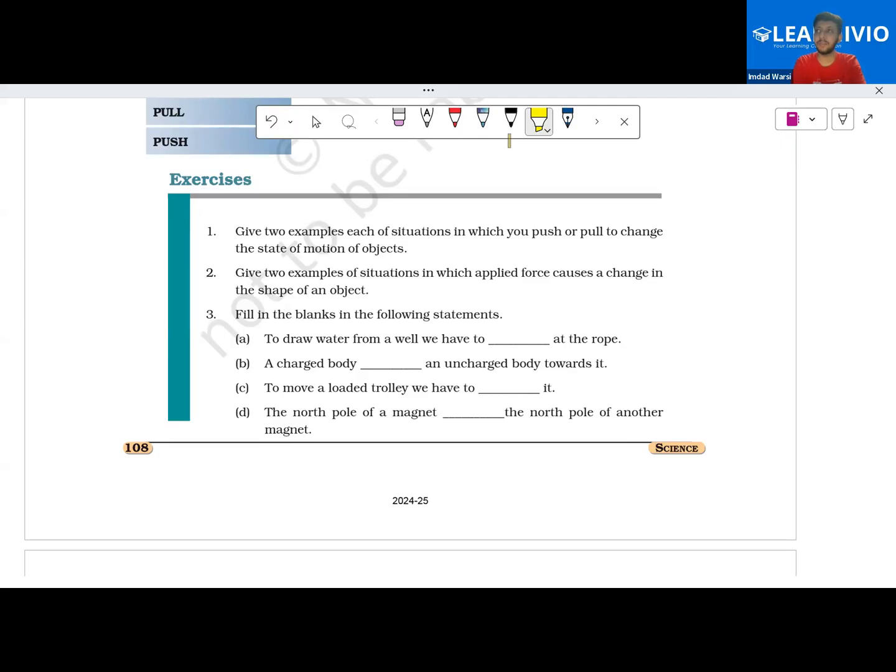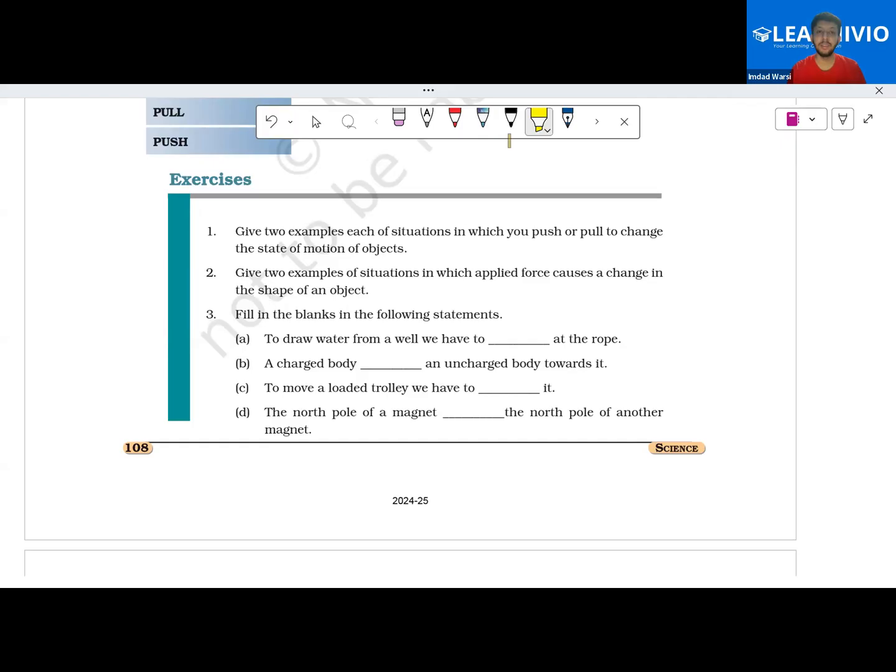I gave you an example if you remember. Crushing a cardboard box. Oh yeah. Can I say squishing a rubber ball? That is a different kind of motion.